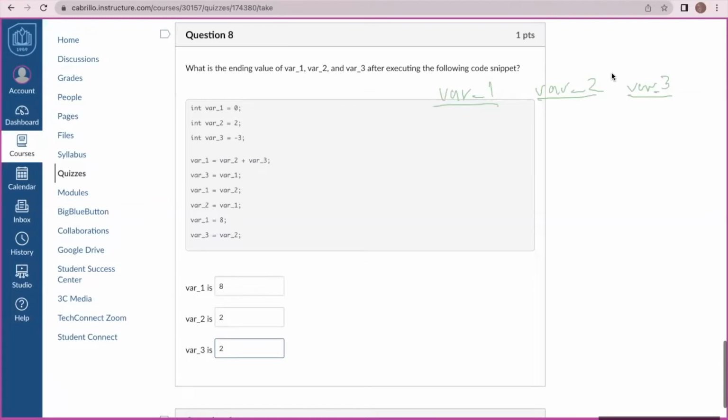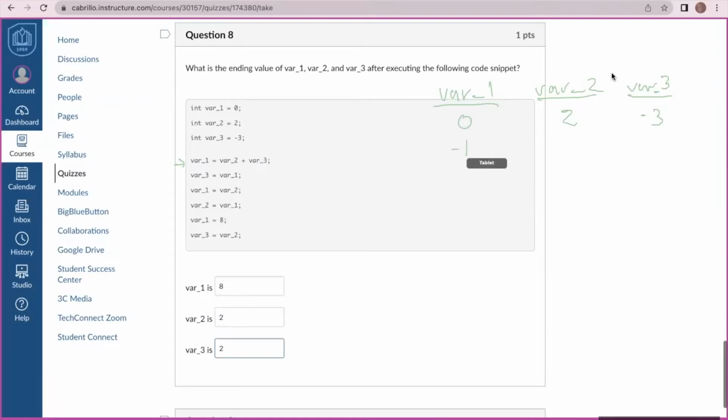So they all start off with whatever value they're initially assigned. So var 1 is 0, var 2 is 2, and var 3 is -3.